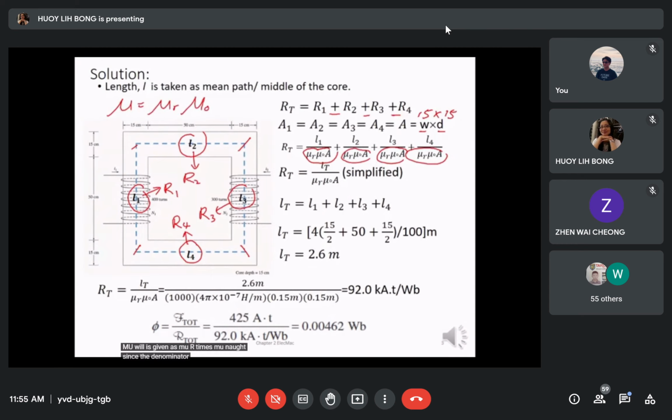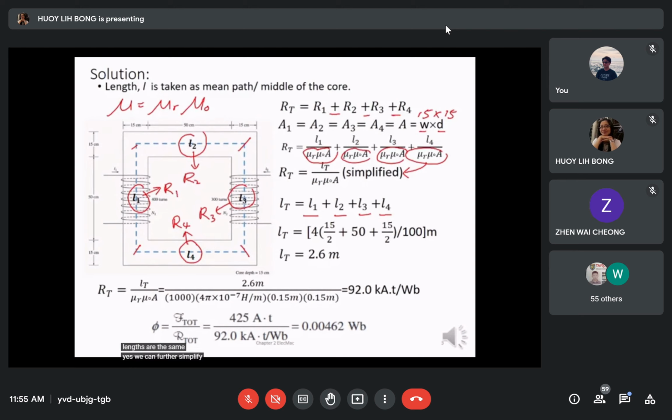Since the denominator are the same, we can simplify the equation to become total length divided by mu a, where the total length will be length 1 plus length 2 plus the length 3 and length 4. And we also can see from the diagram that these lengths are the same.